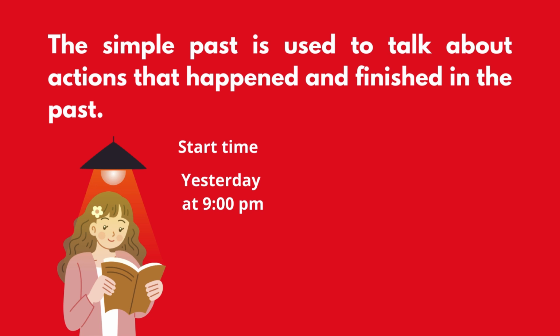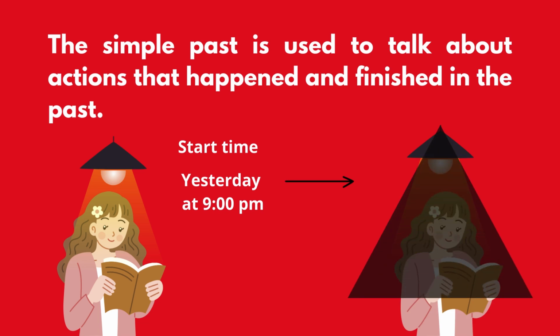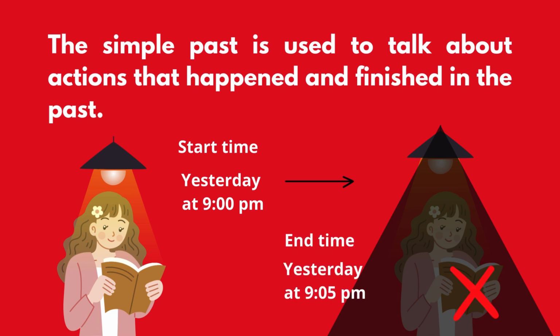But what happened in this situation? So this person is reading a book. When? Yesterday. What time? At 9 p.m. So that is the start time. But unfortunately, the light went out. So she doesn't have light, and because she doesn't have light, she cannot continue reading.